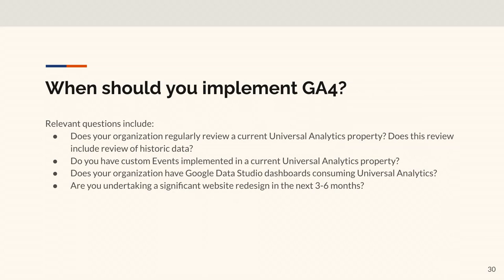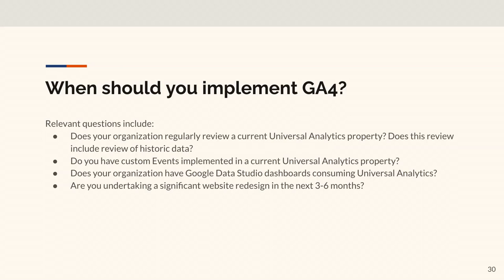When should you implement Google Analytics 4, if you're going to? Are you currently doing regular reviews of Google Analytics or Universal Analytics? Does this review include historic data? If it does, then you need to implement Google Analytics 4 soon so that you build up historic data in Google Analytics 4 so at some point you can cut over.